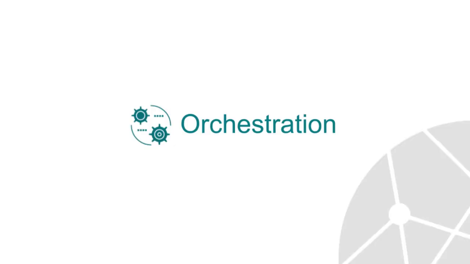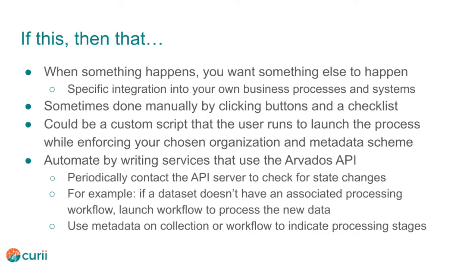Finally, you need to think about how all the different pieces will fit together. Orchestration is about defining the rules for coordinating between the steps of the data processing lifecycle and with the rest of the world. Orchestration is almost always specific to the particular task at hand and your own organization's business processes and systems.